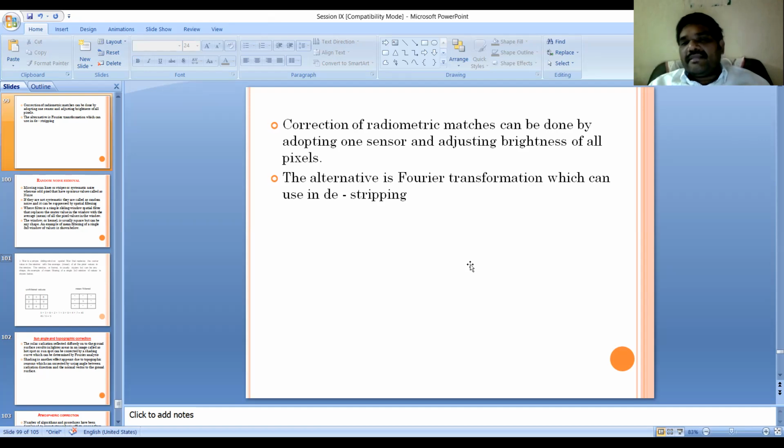The other way is by adopting Fourier transformation. What is Fourier transformation? This is not in your syllabus, but we are going to discuss it in our coming classes. Keep in mind, the Fourier analysis is not in your syllabus.